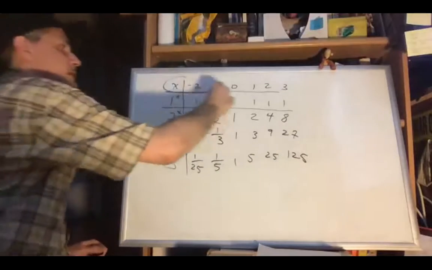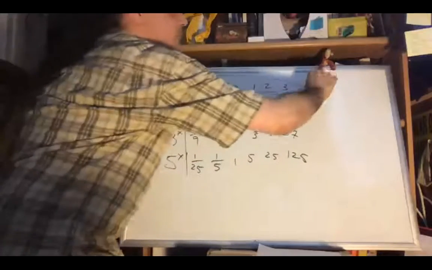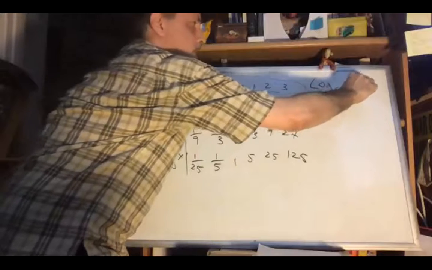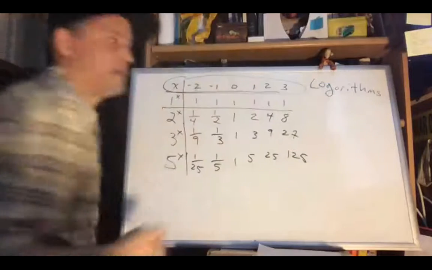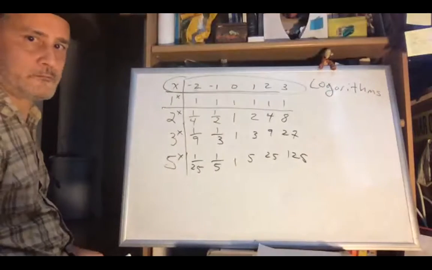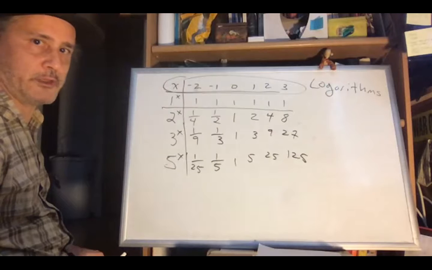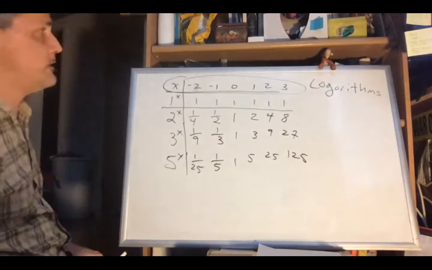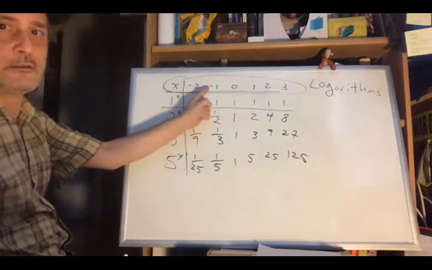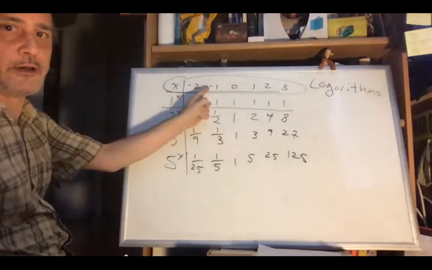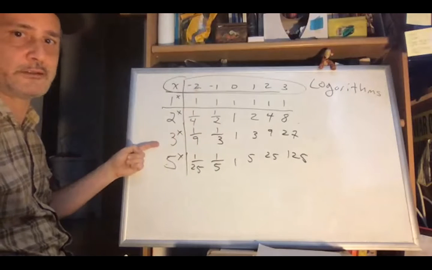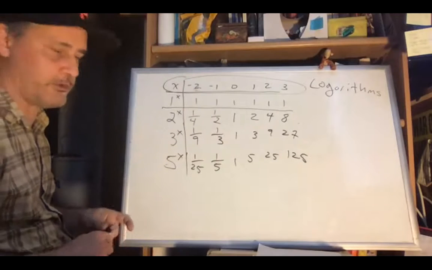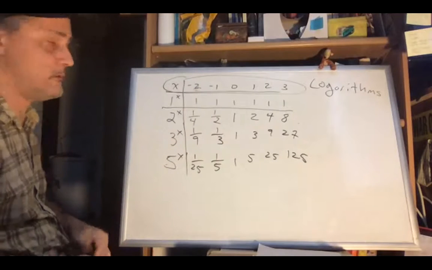When we refer to values based upon exponents, we call those logarithms. The relationship is that we get the exponent we need to represent a value, but it depends upon the base. So let's say we wanted to represent the value of 5.